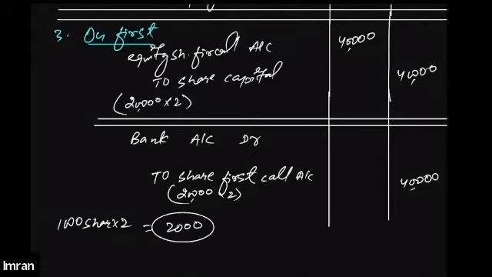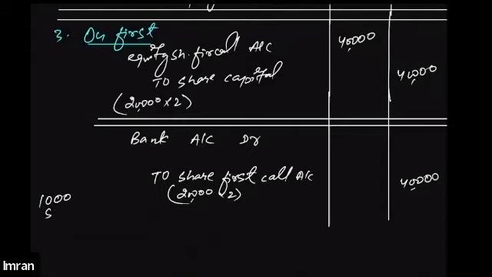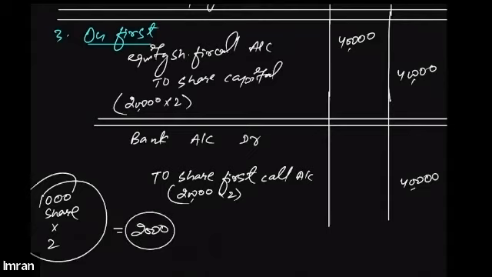That means 2,000 rupees is still in arrears. Can we call it calls in arrears? Yes or no? The shareholder holding 1,000 shares did not pay 2 rupees on first call. That means the total amount due from such shareholders is 2,000. So can we call it calls in arrears? Calls in arrears is rupees 2,000. Can we say that?